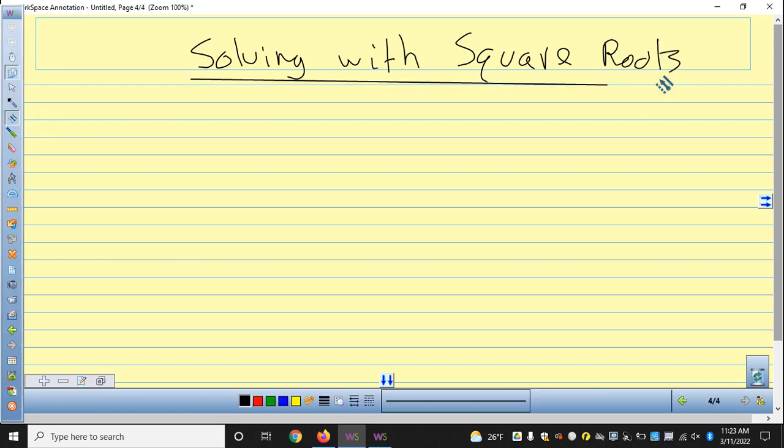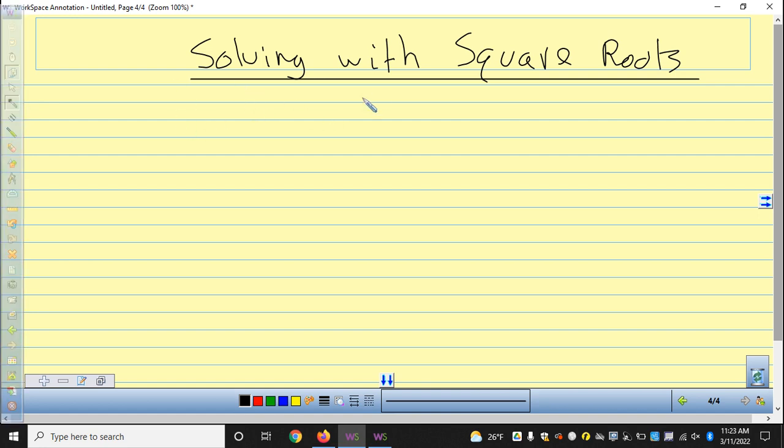And when we can solve this way, this is really the best way to solve when we can do it. So we use square roots when b equals 0.